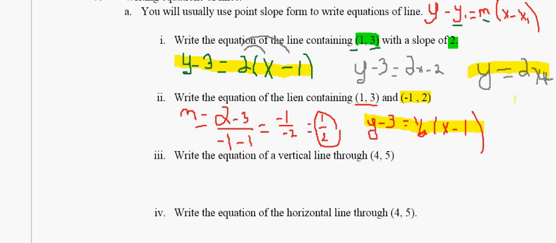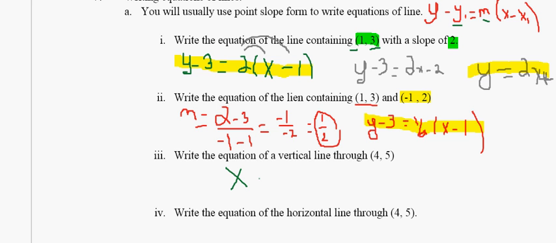And again, you can leave that in that form, or if you would like, you could transform it to slope-intercept form. If you use the other point instead, it would look different in point-slope form, but when you transformed it to slope-intercept form, it would be exactly the same.